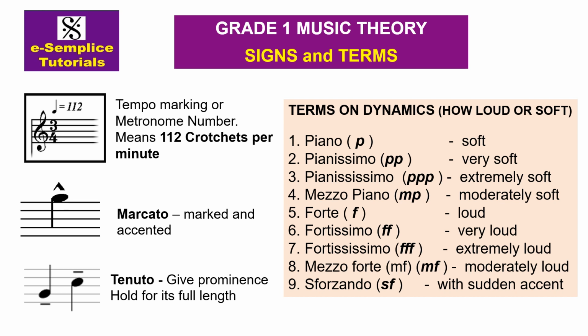Let's run over the terms. We have piano, which is abbreviated small p. The meaning is soft. We have pianissimo, pp, very soft. Pianississimo, ppp, extremely soft. Mezzo piano, mp, moderately soft.